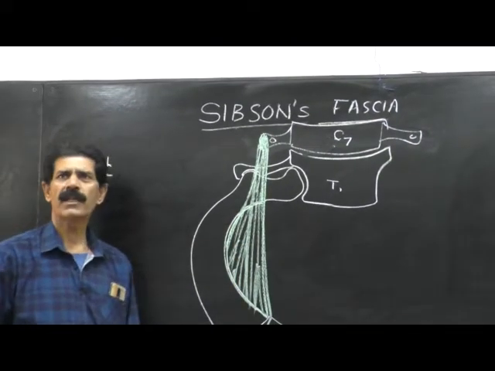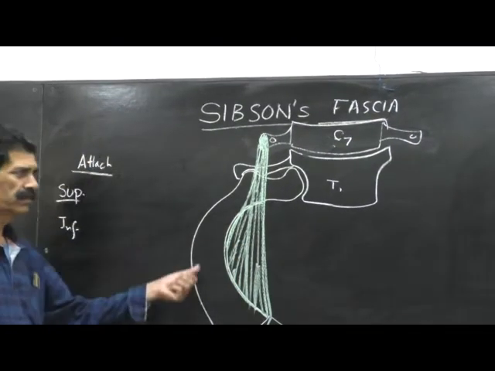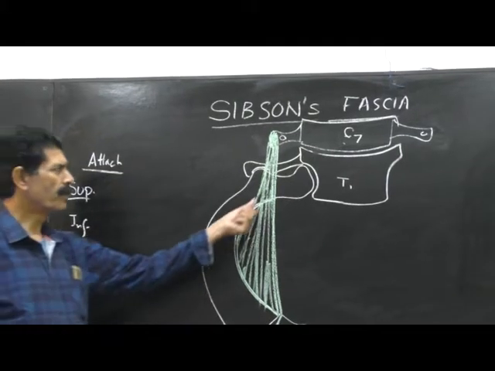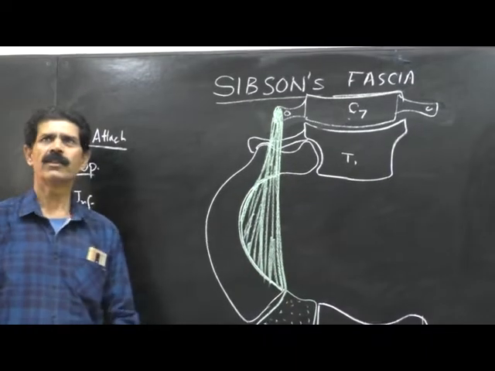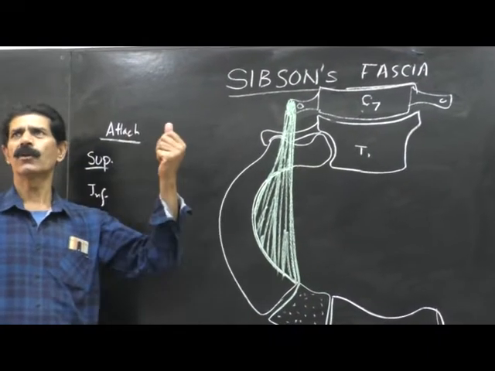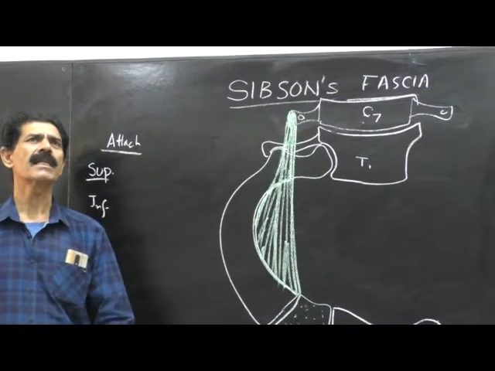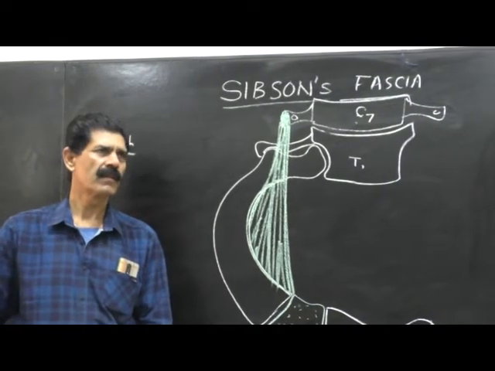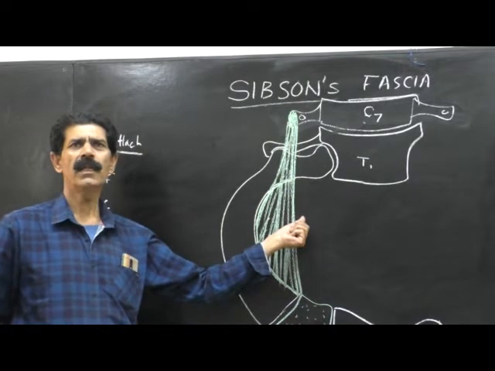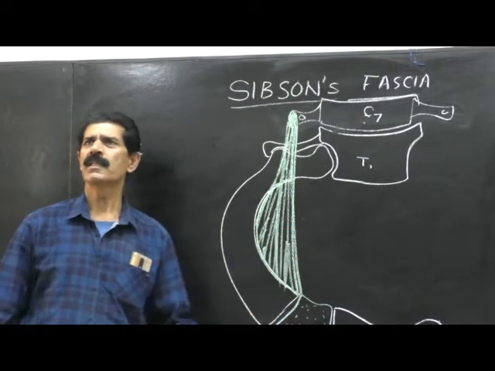Upper and lower attachment of the Sibson's fascia. Superiorly, it is a free border of the thoracic inlet. So many structures go in and out of the thorax and connect to the neck. So this is the space given by the two medial free borders of the Sibson's fascia.